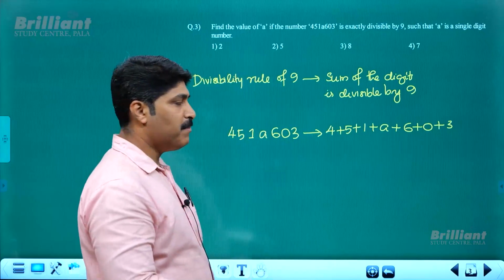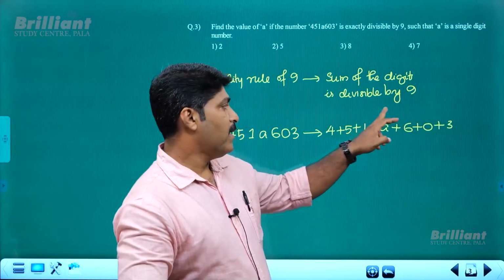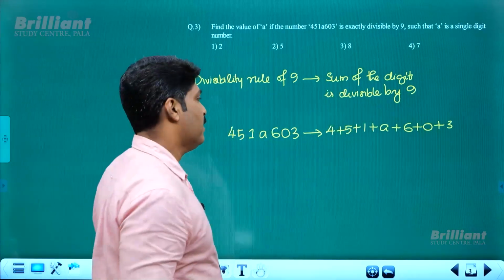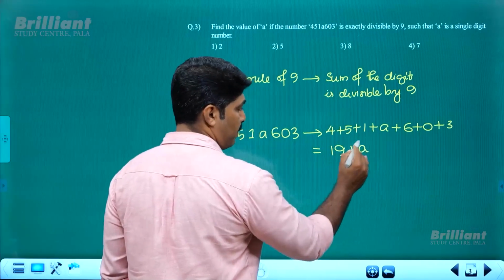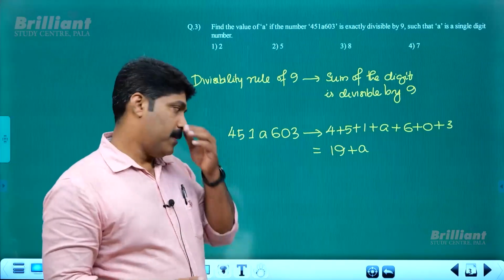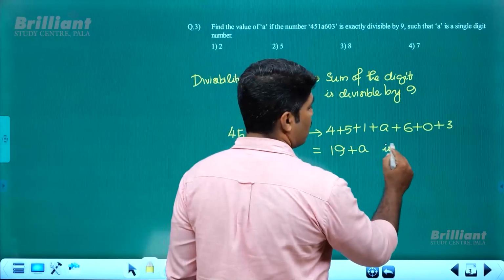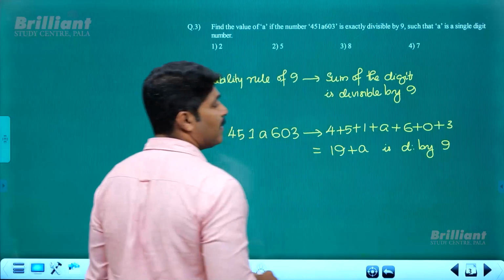While adding these numbers, what will we get? 4 plus 5, 9, plus 1, 10, plus 6, 16, plus 3, 19. So this is nothing but 19 plus A. If we need to make this a multiple of 9, then 19 plus A is divisible by 9.